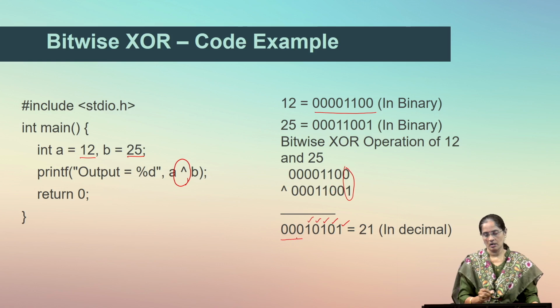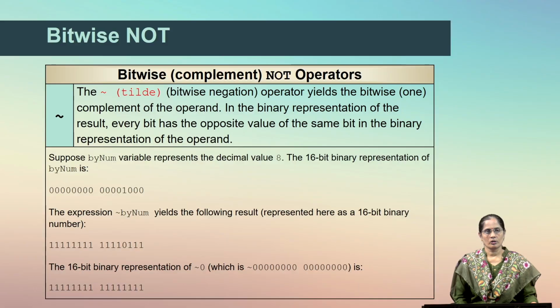So, we will be getting zeros in the remaining output. If we convert that to the decimal value, we will get the value 21. So, this is how the XOR operator can be used in a program, and the results can be obtained. Now, let us learn about the bitwise complement, or ones complement, or NOT operator.